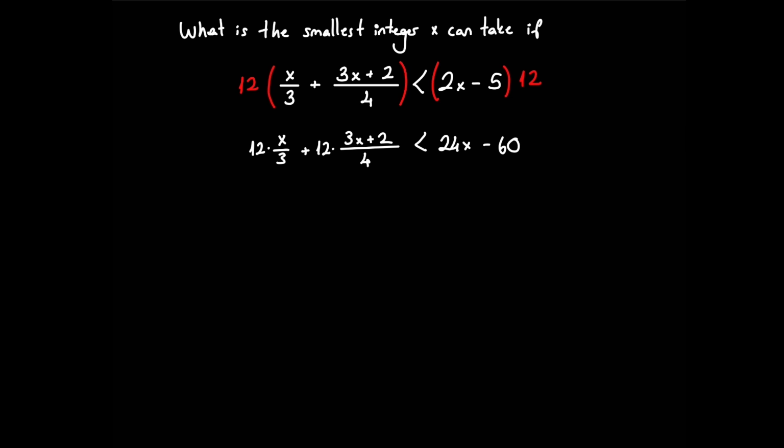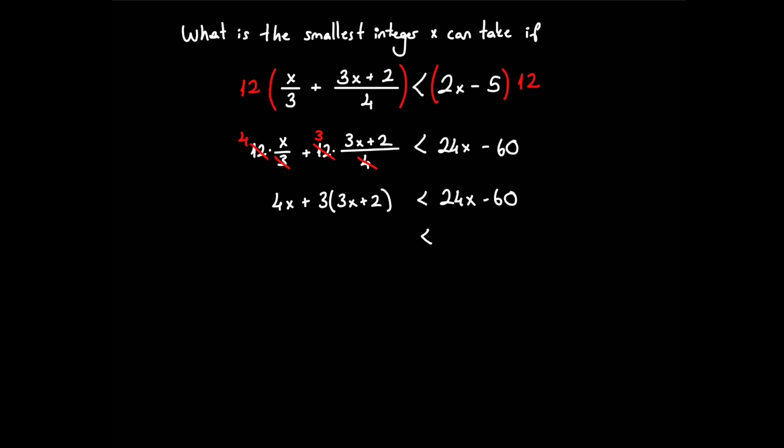Now on the left hand side, we can see that this 3 will be gone, this will be 4, this will go, and this one will be 3. So what we are left with is, on the left hand side, 4x plus 3 times (3x plus 2), and on the right hand side we will have 24x minus 60.